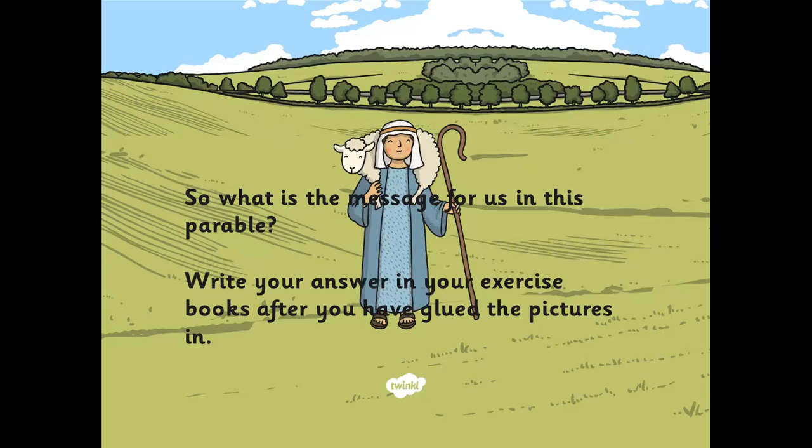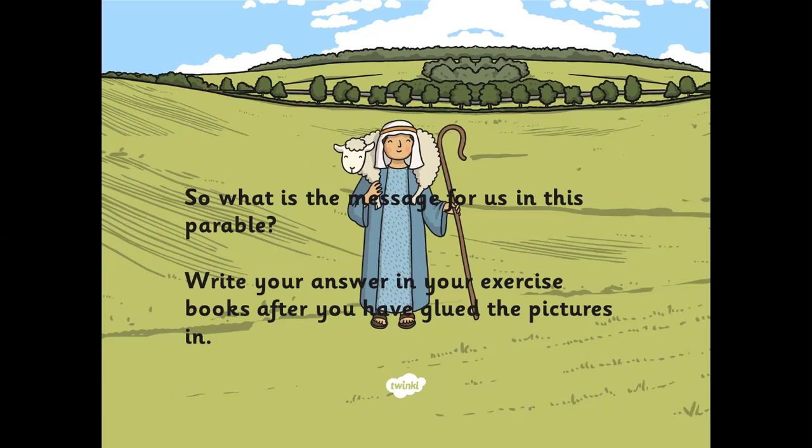If you think you know the answer, write it in your exercise books after you've glued the pictures in. Write it down for me. I wonder, can you think very carefully about what message Jesus has for us in this parable?